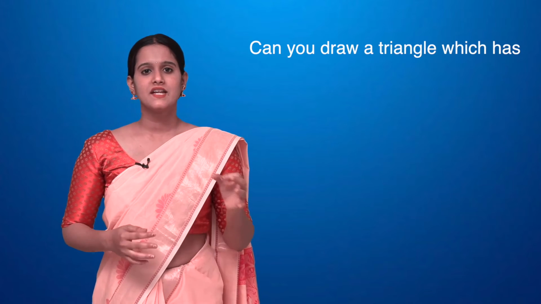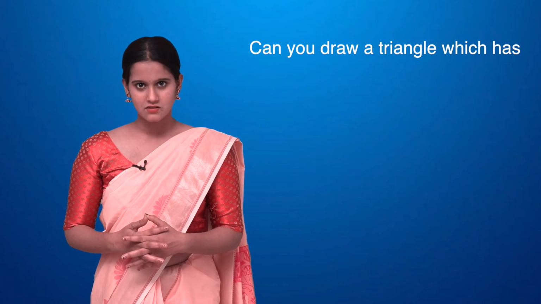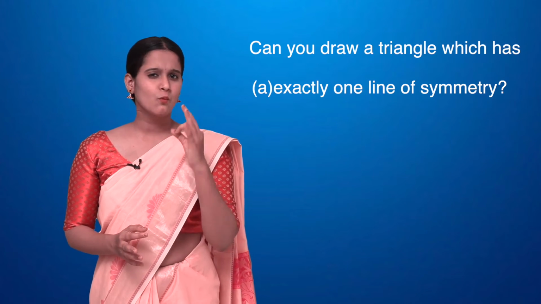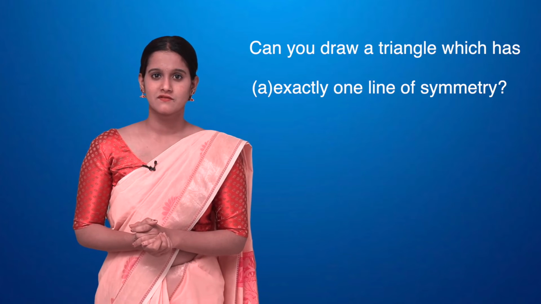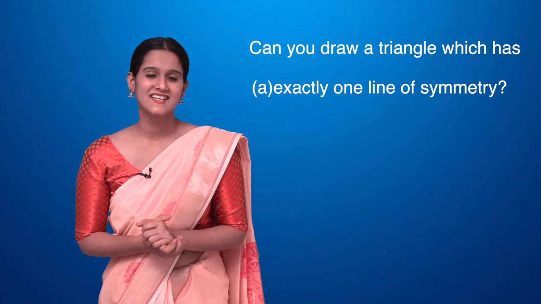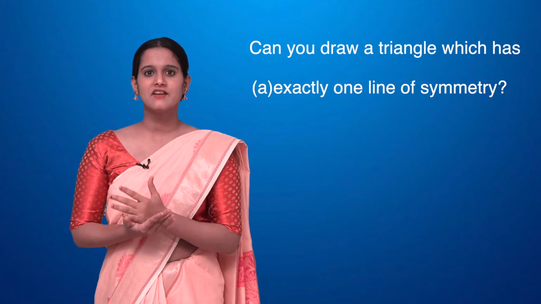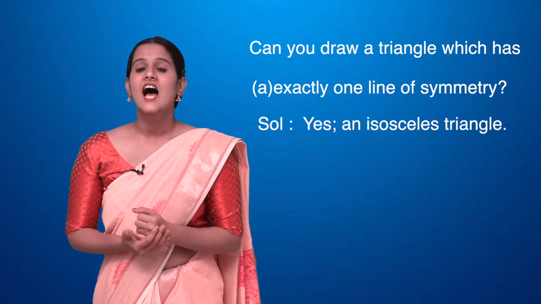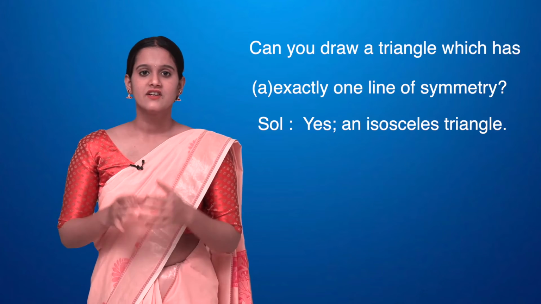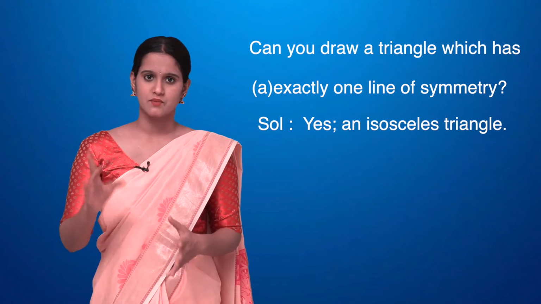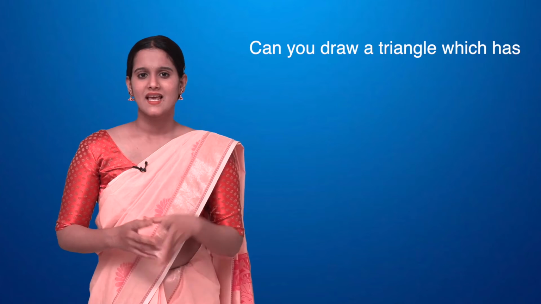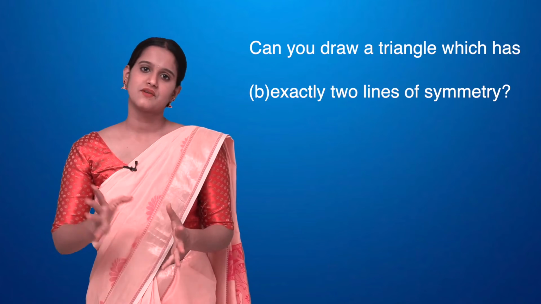Now let's see the next type of problem. Can you draw a triangle which has exactly 1 line of symmetry? Of course, yes. Which is that? Can you say, students? Just now I gave the example, which is the isosceles triangle. So the isosceles triangle will have 1 line of symmetry. The next one is exactly 2 lines of symmetry.